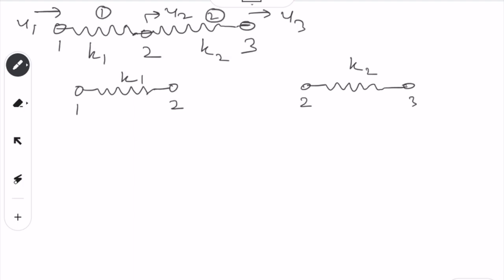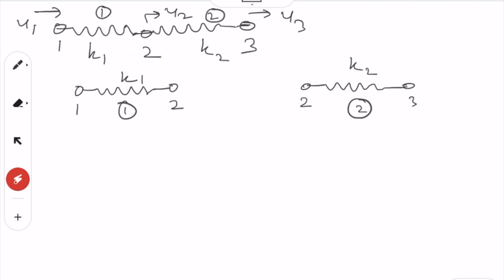We are using the global numbering system only, meaning that whatever we wrote here, we are just writing the same thing here, right? So 2 here, 2 here, 3 here, 3 here; this 2 here is this 2 here, right?